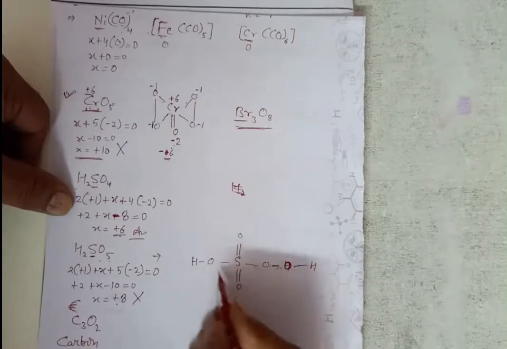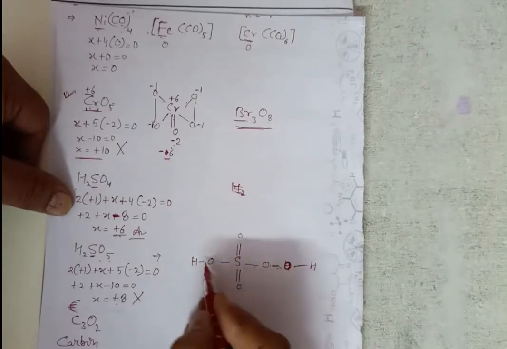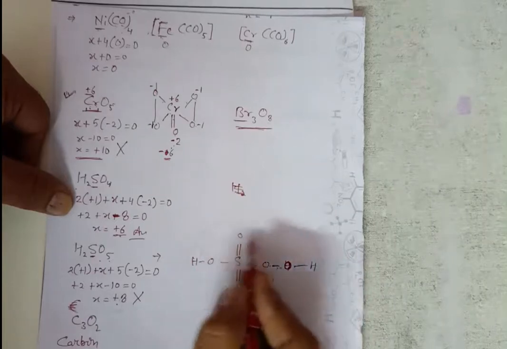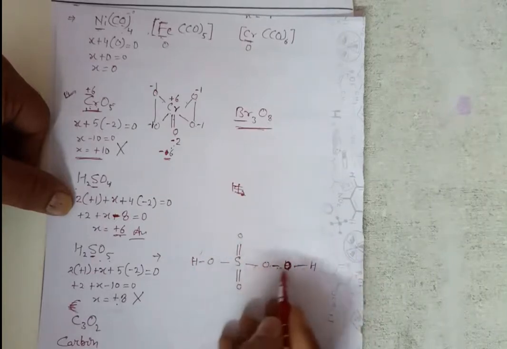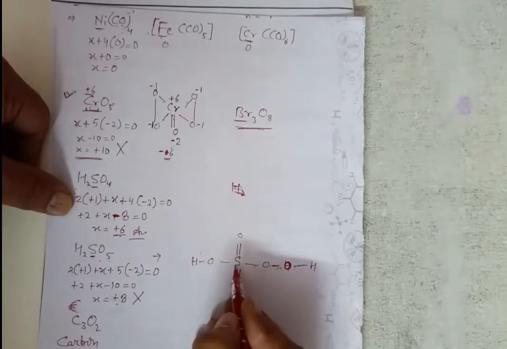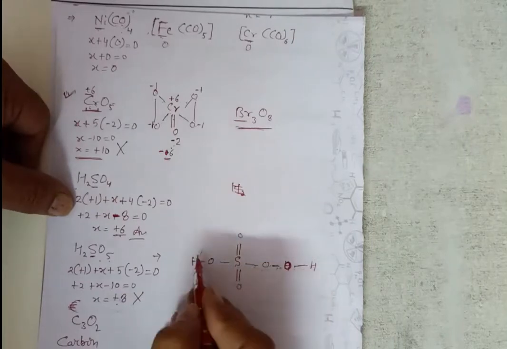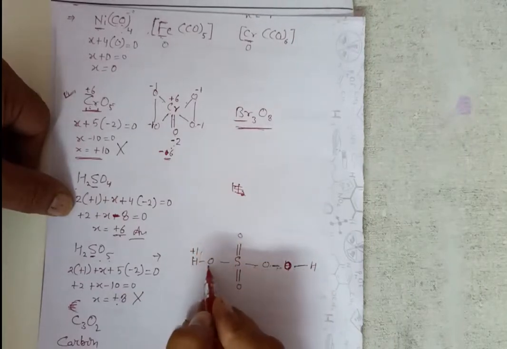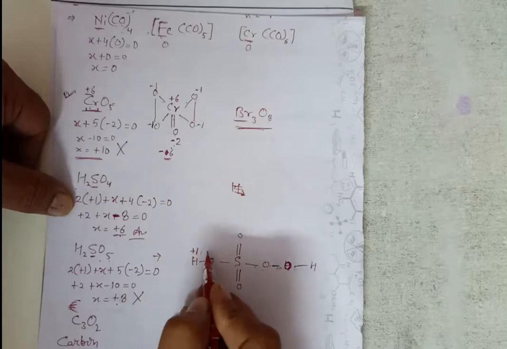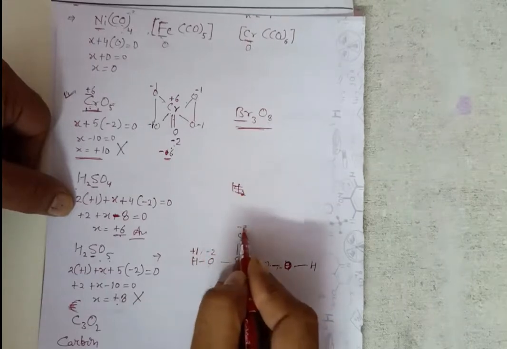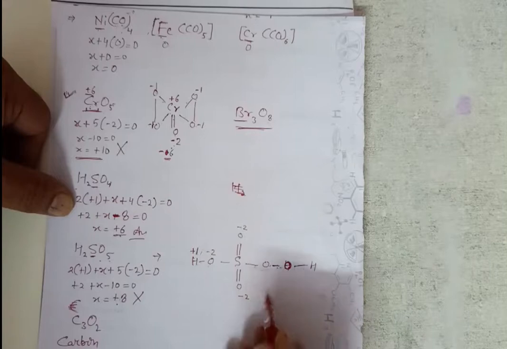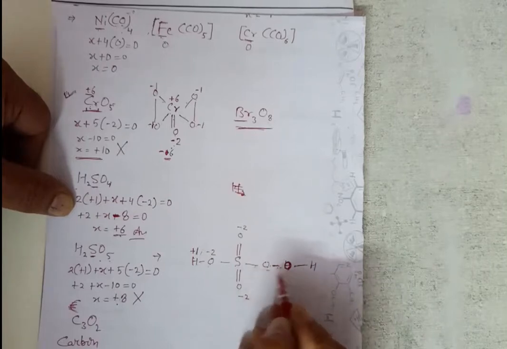Now we have to find the oxidation number of sulfur. So we write the oxidation number of all the other atoms present here. The opposite is the oxidation number of sulfur. What about hydrogen? It is +1. What about oxygen? This is oxide, so -2. This one also -2, this oxygen is also -2. But these two oxygens are peroxide.